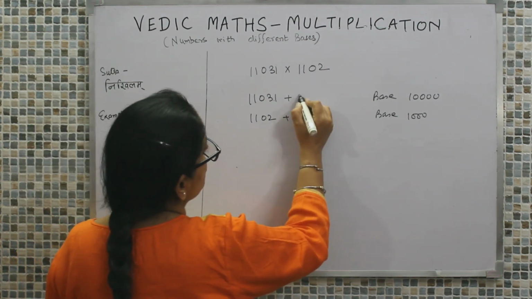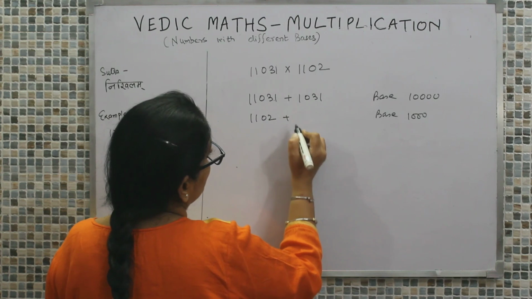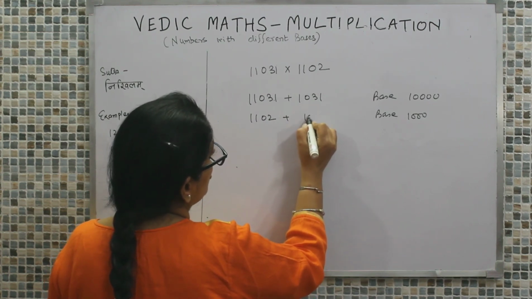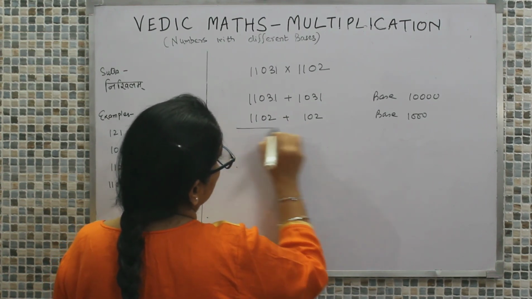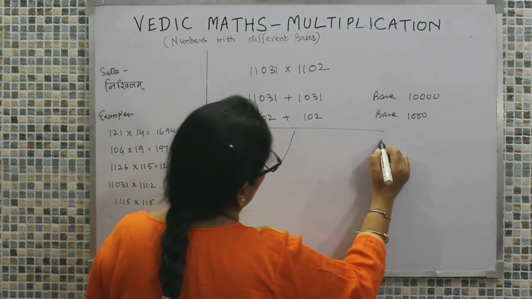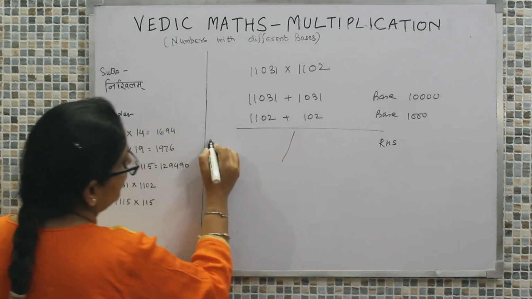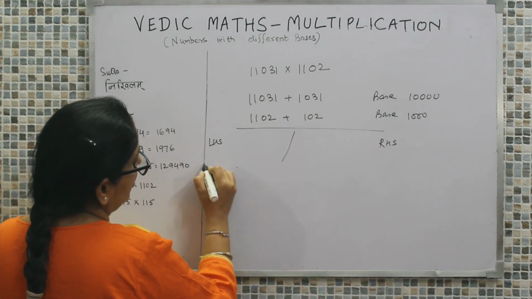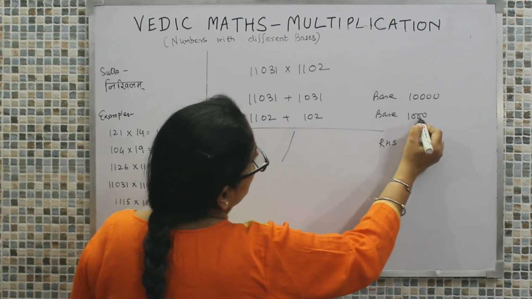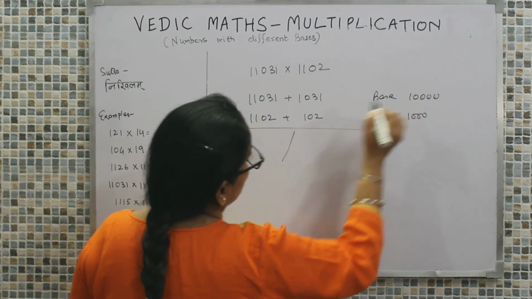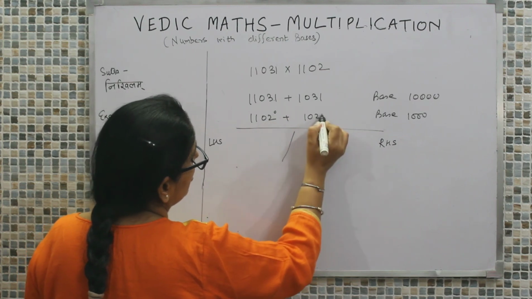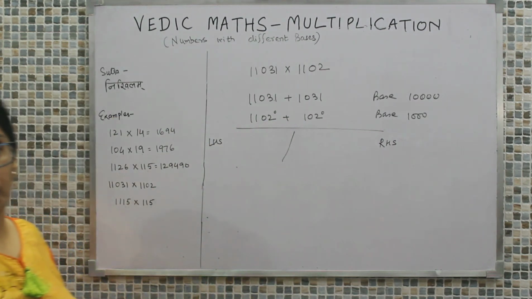The first is 1031 excess of 10,000 and this value is 102 excess of 1000. We have the RHS and the LHS. Taking the ratio, 3 zeros gone, 1, 2, 3, the ratio will be 10. We append a small 0.